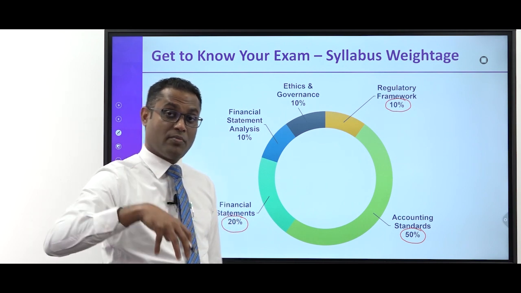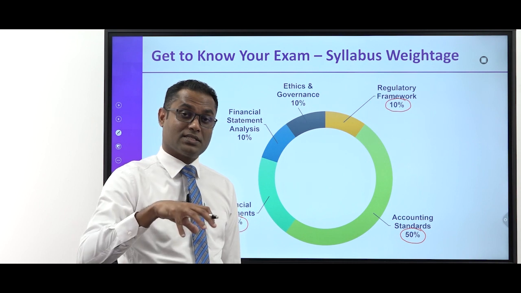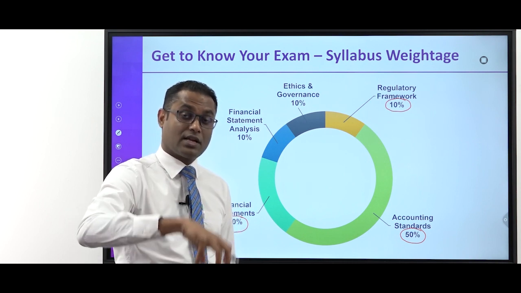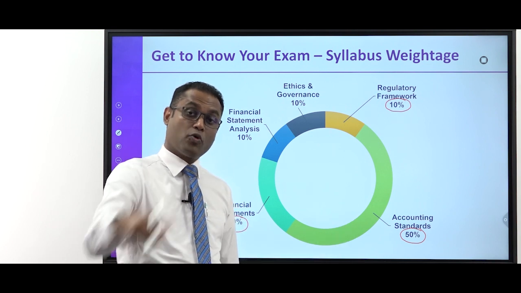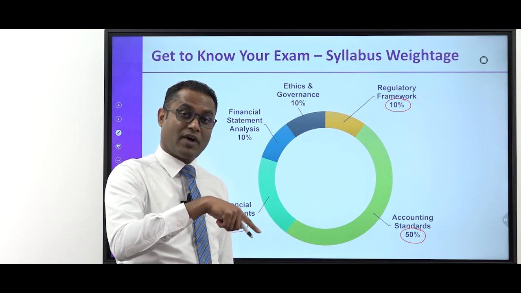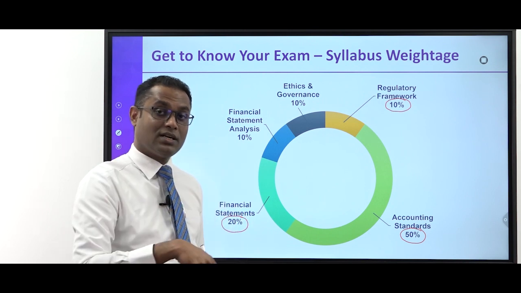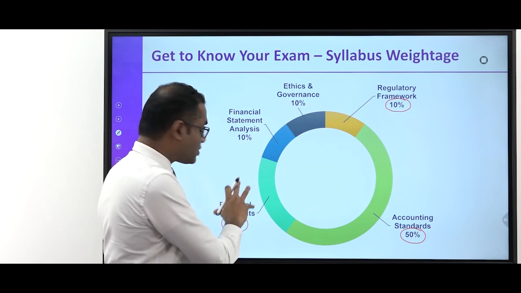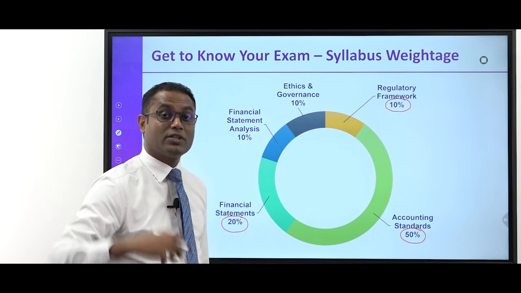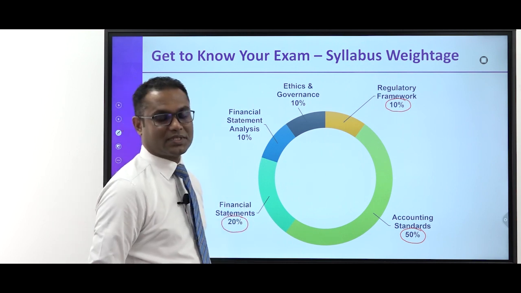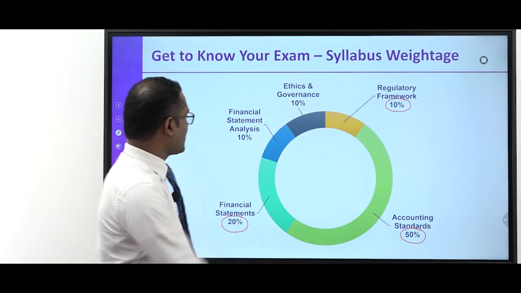They have multiple companies in different sectors. There's a parent company and there are a lot of subsidiaries. How to prepare the group financial statements, including the financial performance and position of all these companies in the group. So that is the preparation of group or consolidated financial statements, which make up 20% of the syllabus.